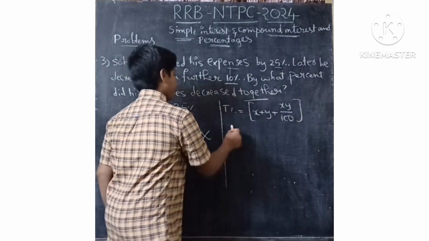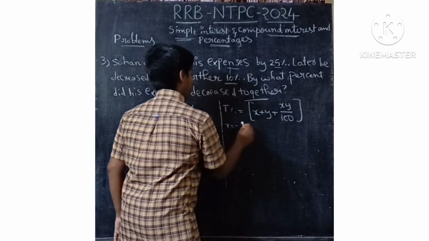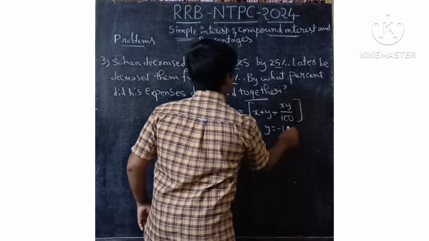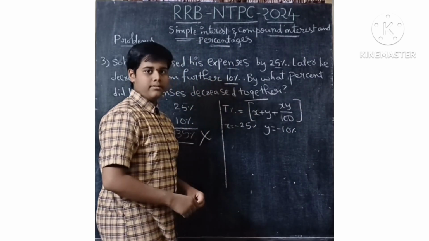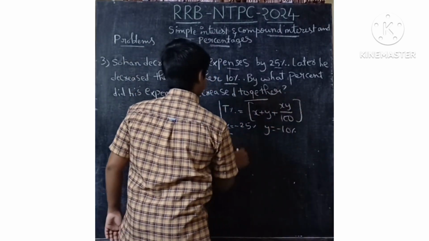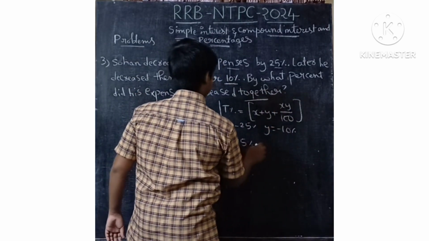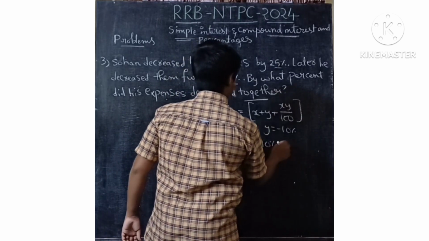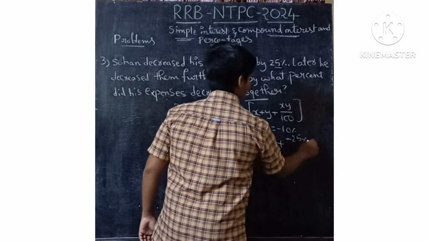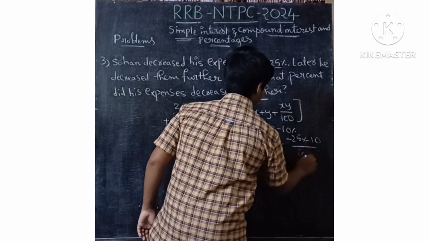So it is decreased, which means x is minus 25% and y is minus 10% because it is also decreased. So substitute these values in this formula: minus 25% minus 10% plus (minus 25 into minus 10) by 100.